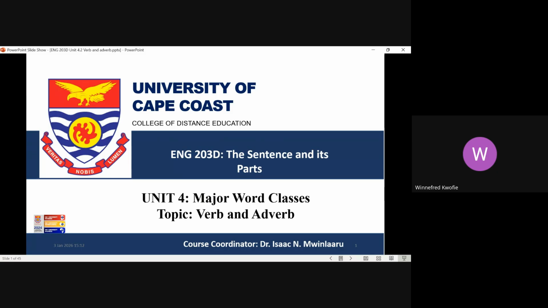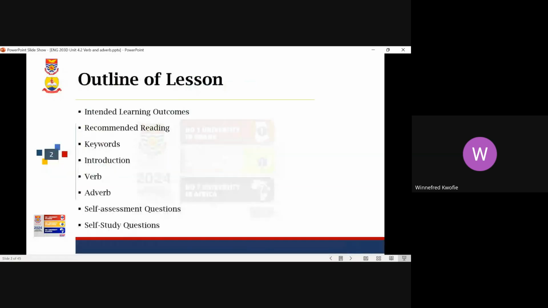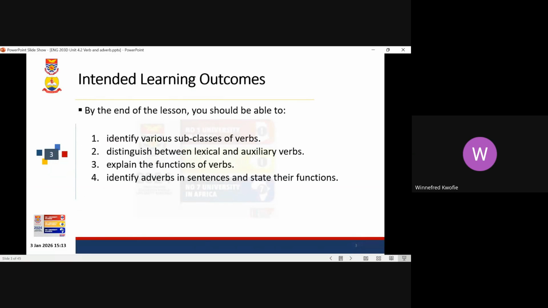Okay, so we'll be looking at verbs and adverbs in this part of the lesson. By the time we are done, you'll be able to identify the subclasses of verbs, distinguish between lexical and auxiliary verbs, explain the functions of verbs, and identify adverbs in sentences and state their function.